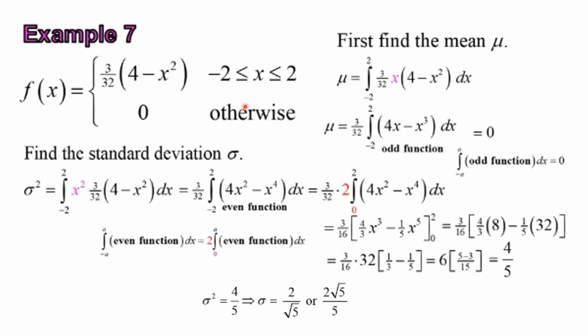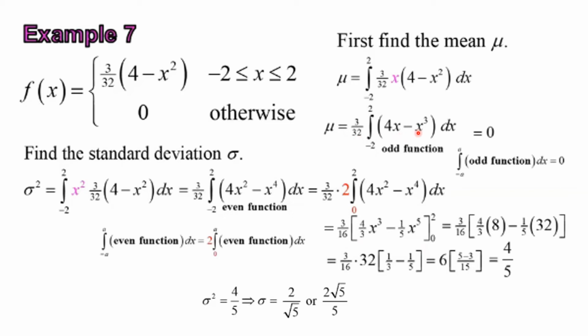Well, you see the definition involves the mean, so first let's find the mean. So mu is equal to the integral from minus 2 to 2 of 3 over 32, we multiply by x, so this is x times f of x dx. We distribute and pull the 3 over 32 out, and we're going to evaluate this integral.